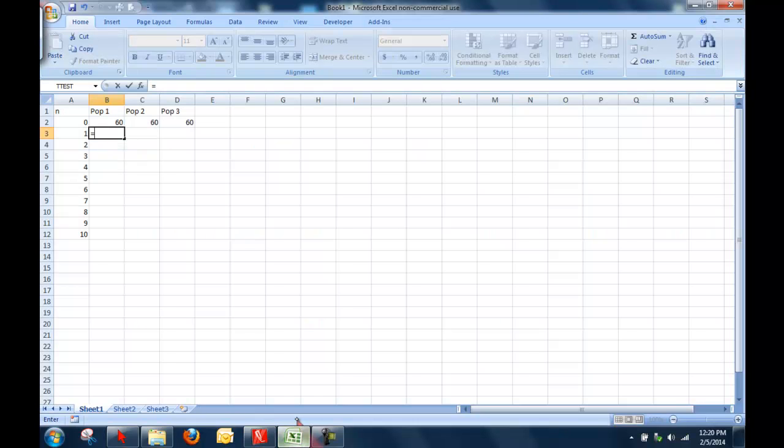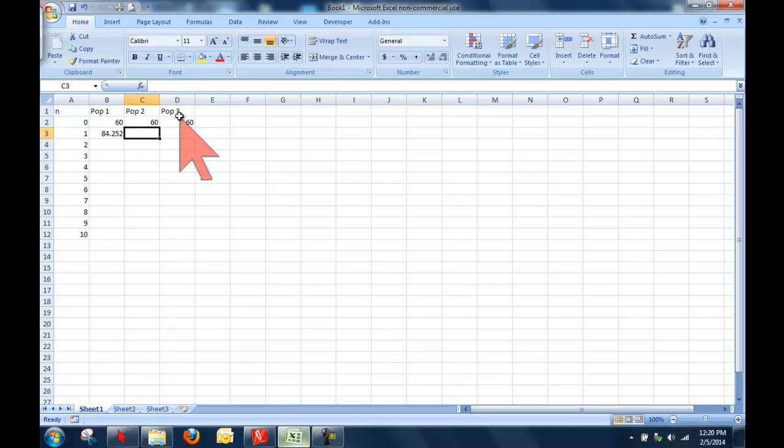So equals my 0.4271 times the previous stage 1 population plus 0.8498 times previous year stage 2 population plus 0.1273 times previous year stage 3 population.